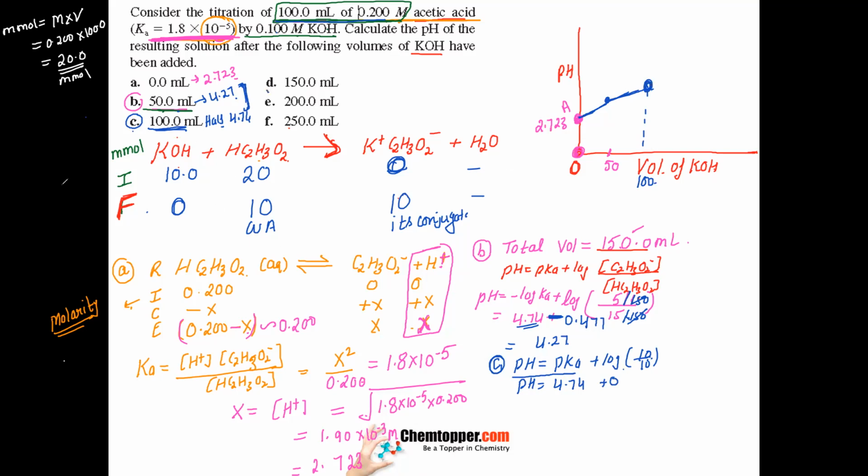Now let's do the D part. Ready for D? KOH. Give me initial, all of you. I'm not writing anything. I'll wait for your answer. Give me initial for the D part. How many millimoles? We are still working with millimoles because we are adding volumes.